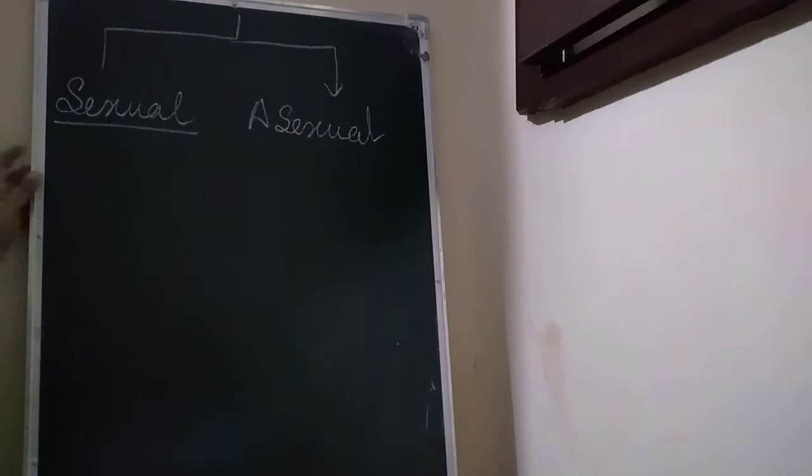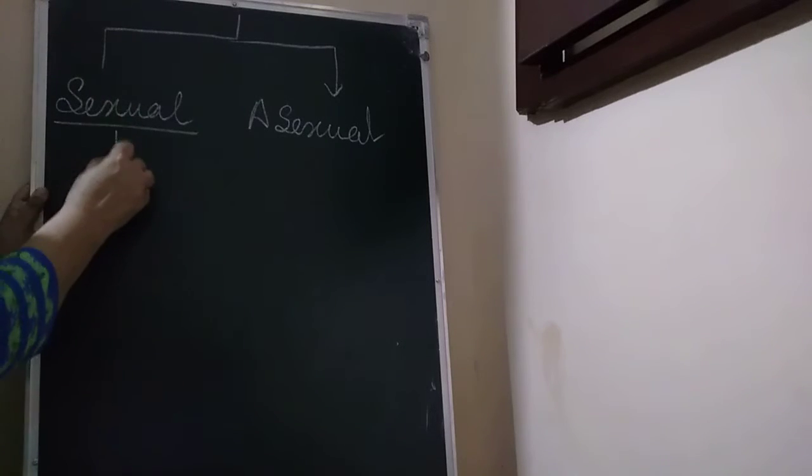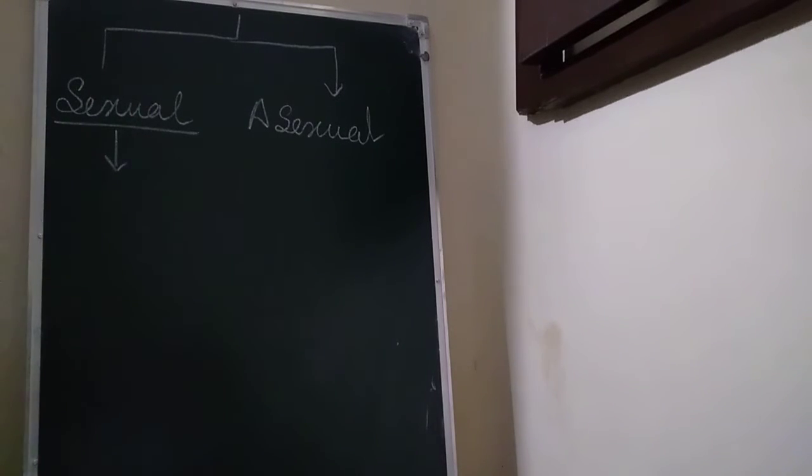Sexual reproduction involves the fusion of the female and male reproductive cells to form a fertilized egg that grows into an organism, children. We are discussing the sexual reproduction, children. What is it?